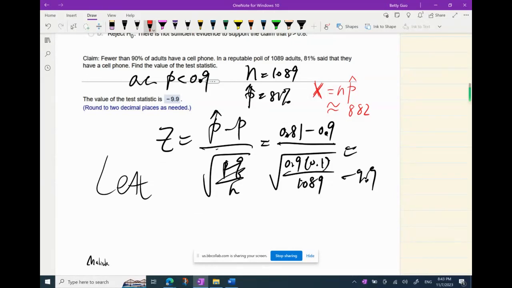So 882 for the x. Sample size is 1089. This is the left tail test. We don't have to plug in the formula. You're going to get the z test statistic negative 9.909090, repeating, and you round it to 2 decimal places.